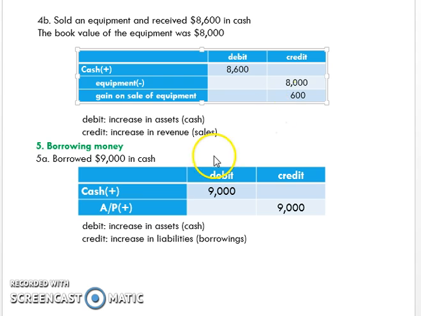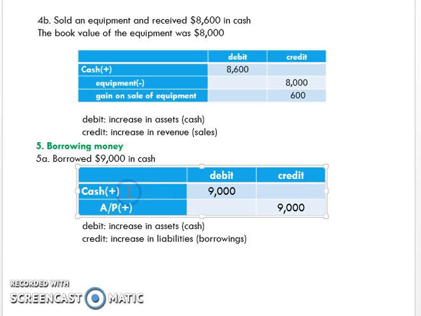In the next transaction, we borrowed money in the form of cash, so cash increases and also our liability increases. So whenever cash increases, your asset also increases, we need to write on the debit side, and whenever liability increases, we need to write on the credit side as per the rules of debit and credit.